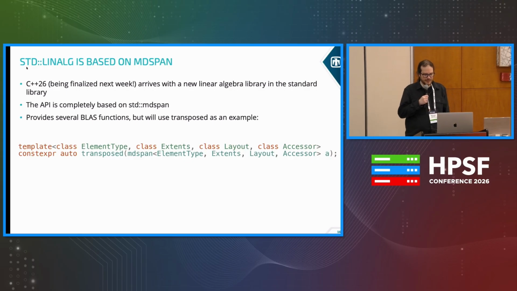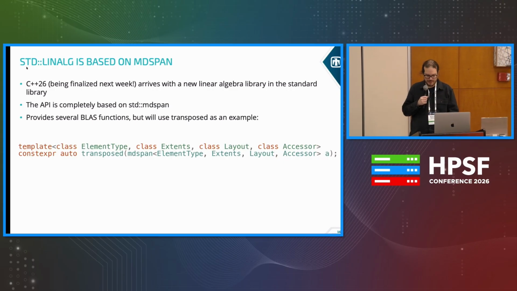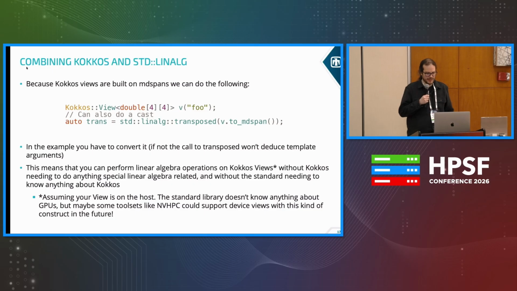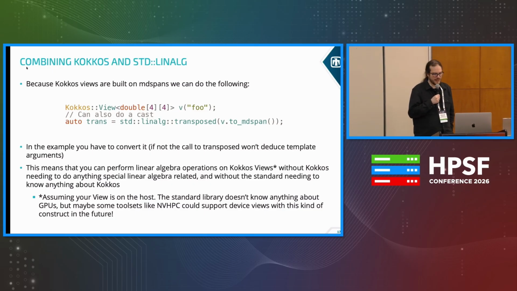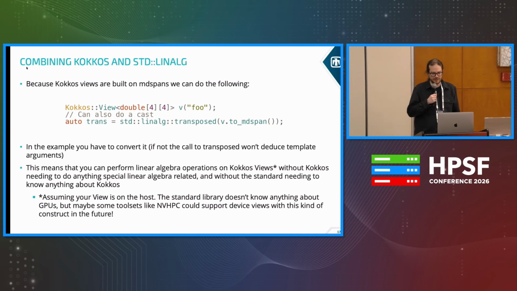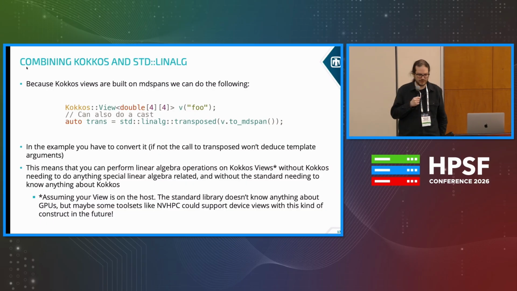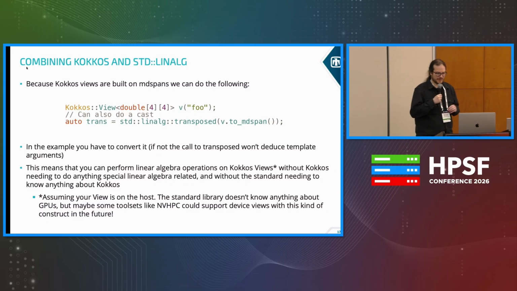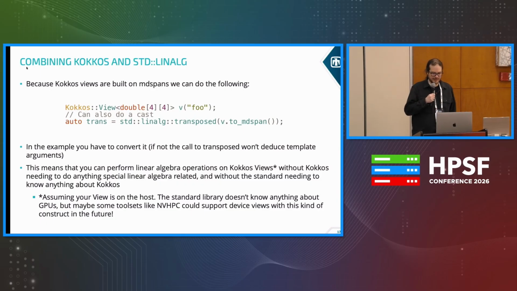This transposed function just takes an mdspan with an arbitrary element type, extents, layout and accessor. If we take a Kokkos view that's a 4x4 matrix, we can simply call std::linalg::transposed with this. We do have to convert our view to an mdspan because a view is not exactly an mdspan, it just uses mdspan, but this operation is basically free.